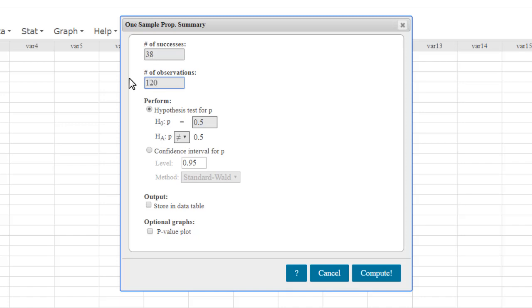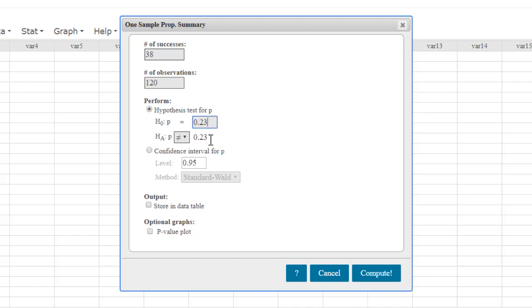So basically, StatCrunch is asking you for p hat, but it wants it in pieces. It wants the numerator of p hat and the denominator. The default setting is on hypothesis testing for a population proportion here. P is already there because we went through proportion stats. So we're just going to edit this and change it to our 0.23.